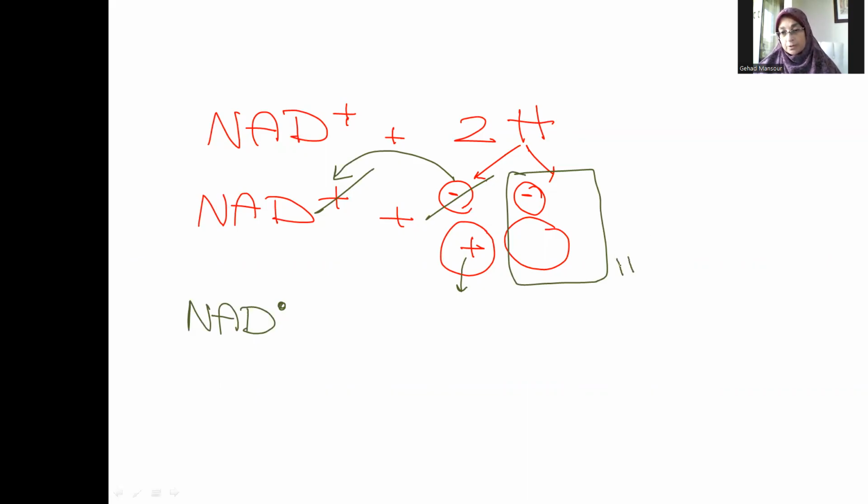This one can be written H because it is a whole hydrogen atom, and that one can be carried as H+. So actually it is H and H+. So actually, if you calculate the electrons and protons that are carried by NAD, you will see that NAD has carried 2, we say it like this.